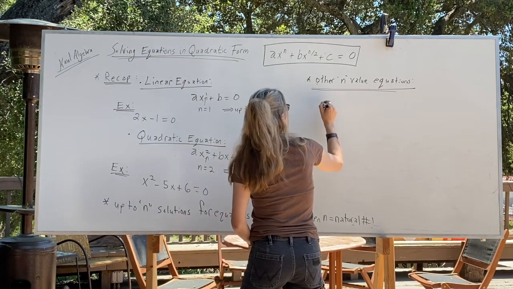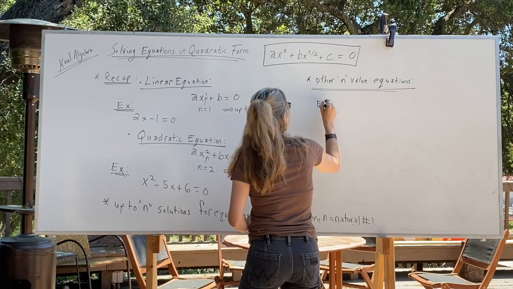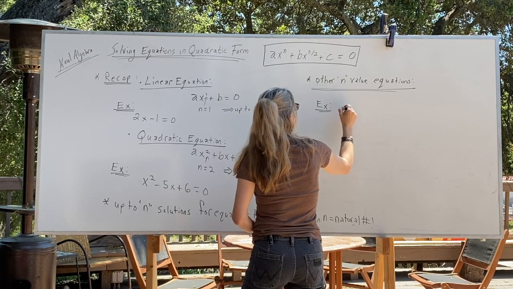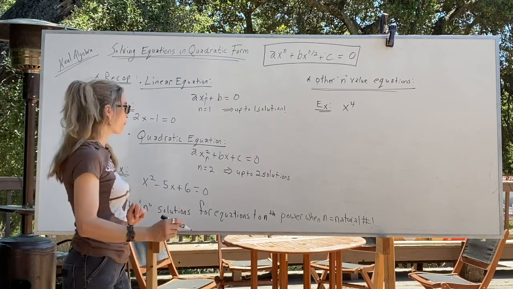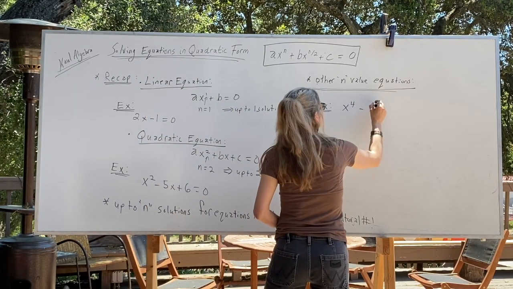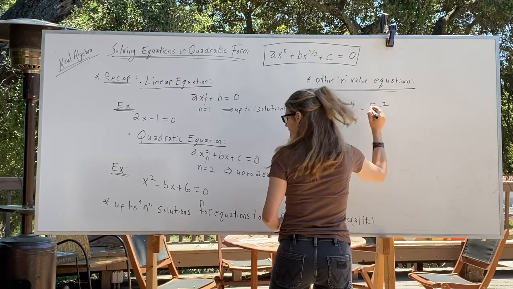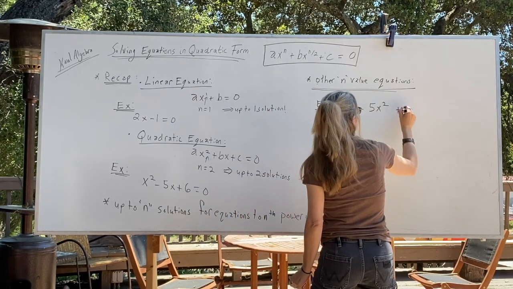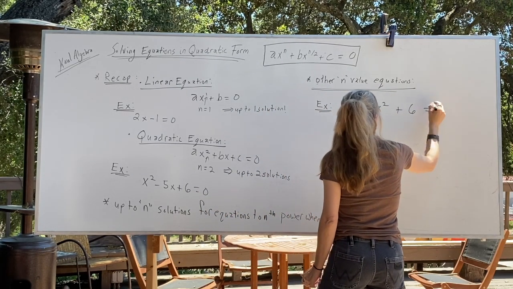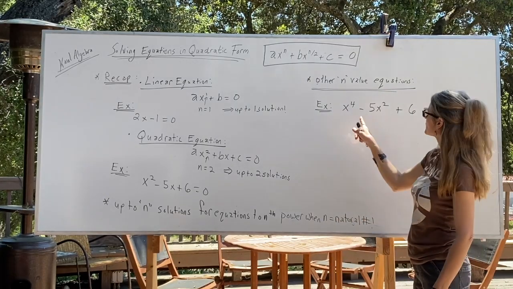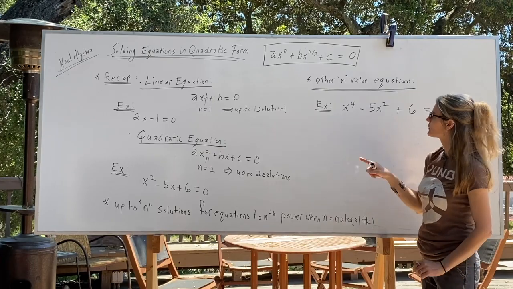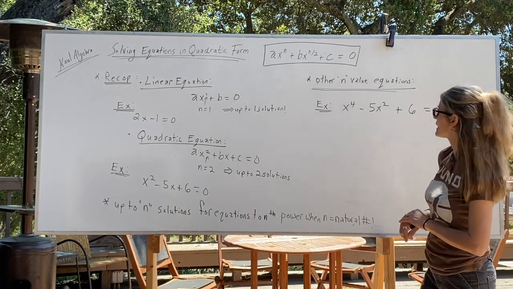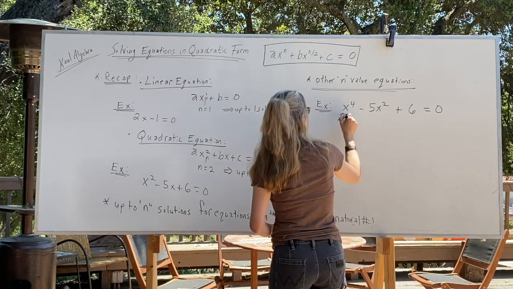Let's say we had instead of 2, let's say this was x to the 4th minus 5x squared plus 6 equals 0. Okay, so here's one that's not a quadratic. It's up to the 4th power. So the question is, can we solve it? Yes, we can. So here we have up to 4 solutions.